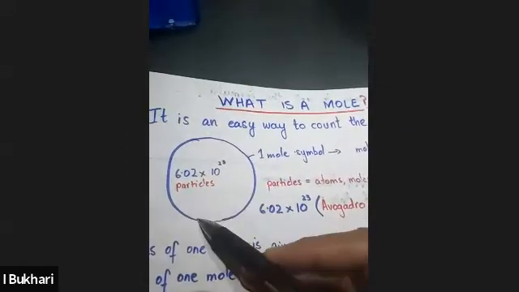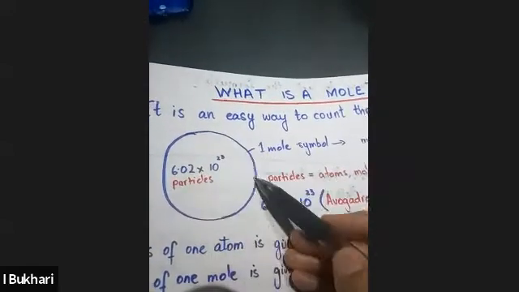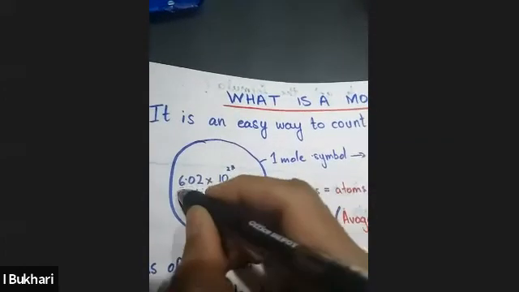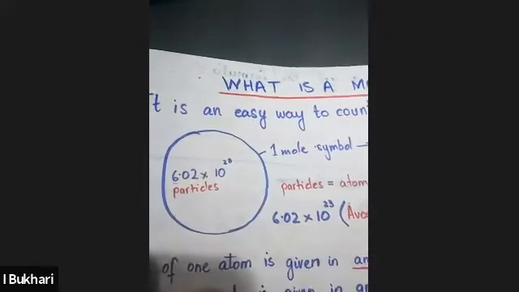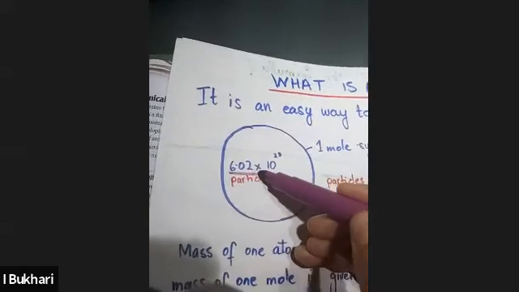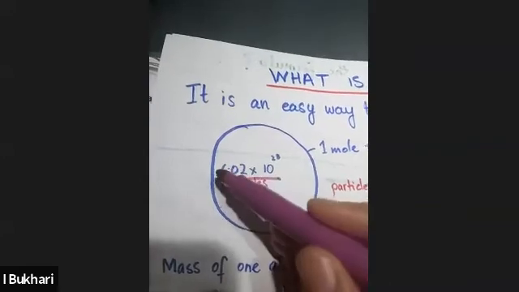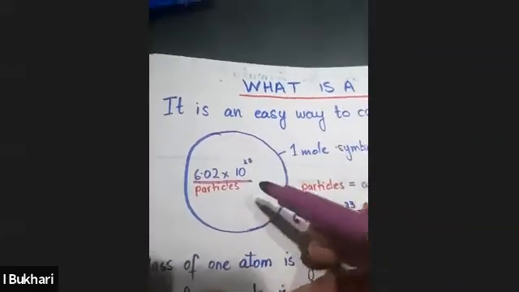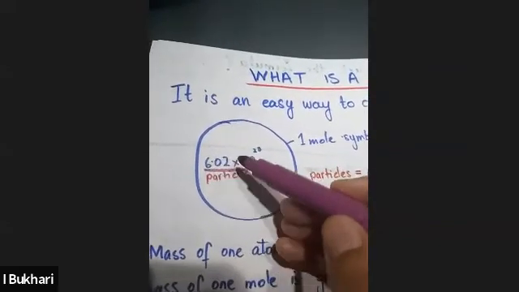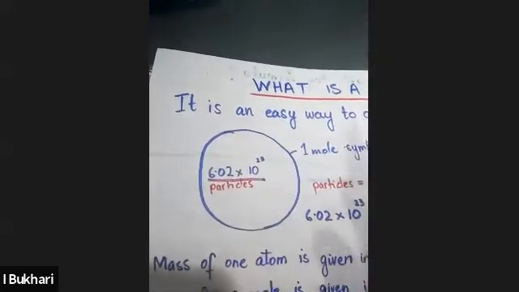So for example, this is my mole, you can think of it as a bowl, and it always has this many atoms or molecules or ions or whatever you're talking about. If you're talking about ions, there should be 6.02 times 10 to the power 23 ions. If you're talking about atoms, 6.02 times 10 to the power 23 atoms. If molecules, 6.02 times 10 to the power 23 molecules. Whatever particle you're talking about depends upon your substance.